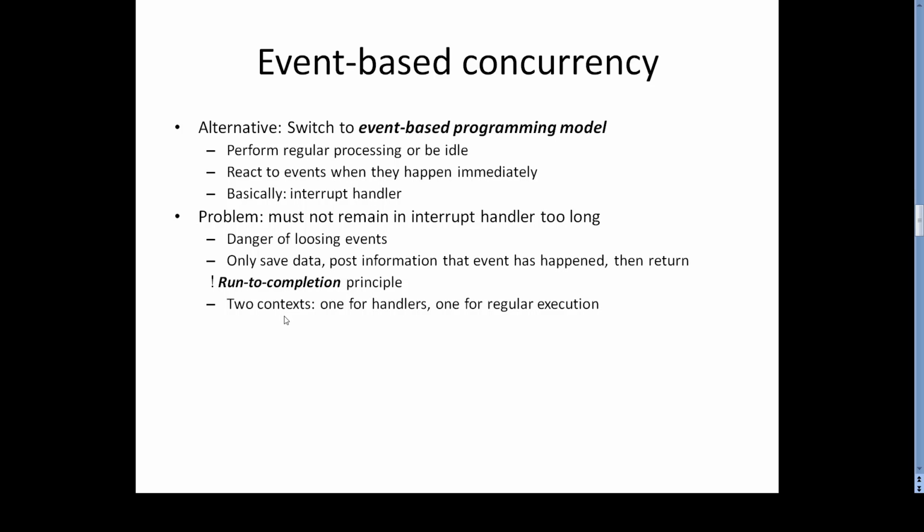Here, in event-based concurrency, we are going to use two contexts, one for handlers and one for regular execution. Consider sensor nodes. There will be two handlers: one is the sensor event handler and the other is the radio event handler.